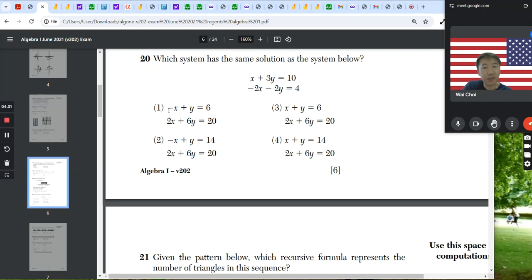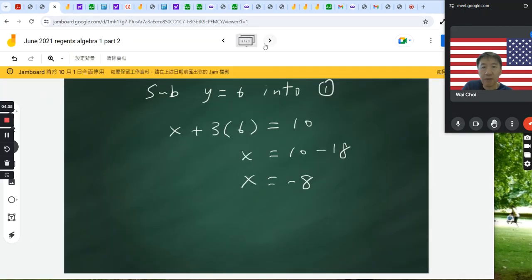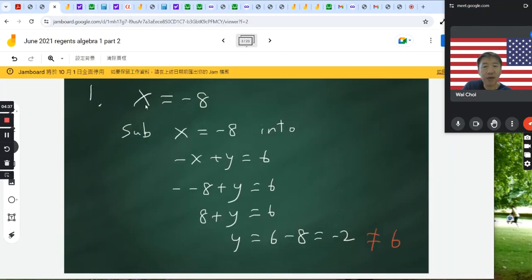The negative x plus y equals 6. We substitute x equals negative 8 into that. Negative x plus y equals 6: x is negative 8, so this is a plus 8 here. So 8 plus y equals 6, and y is equal to 6 minus 8, which is negative 2.